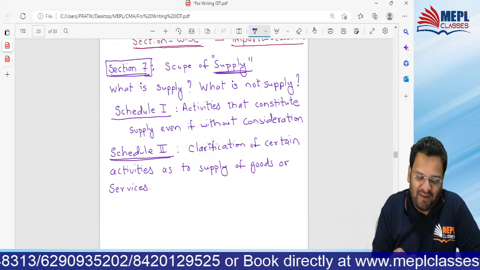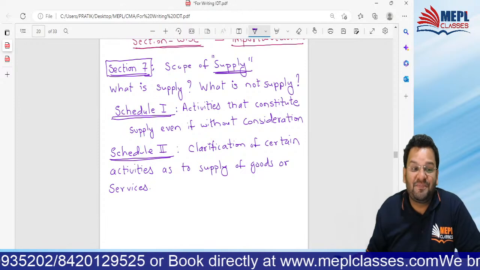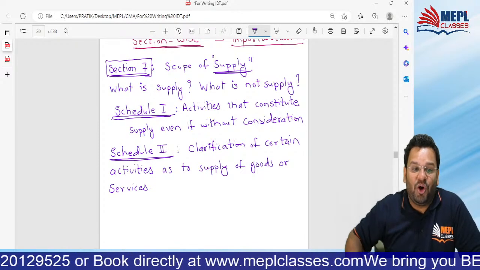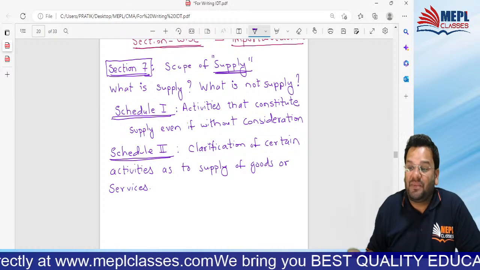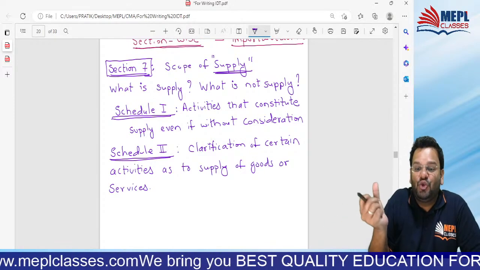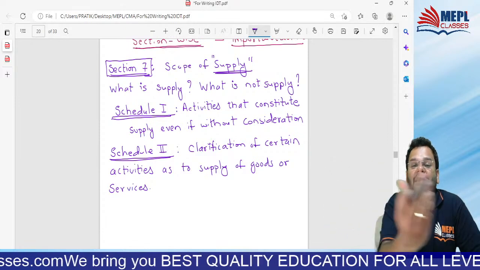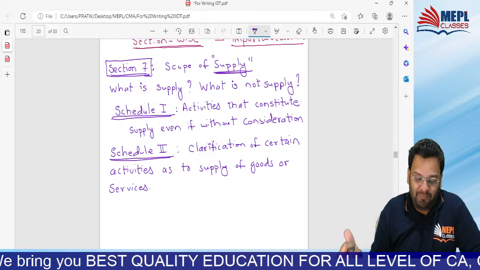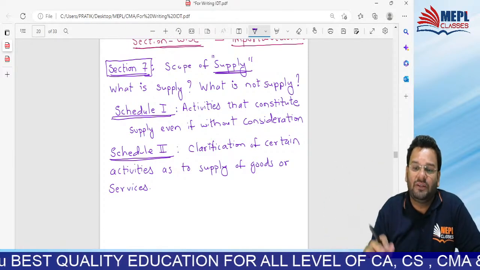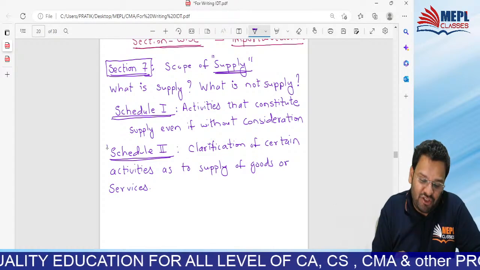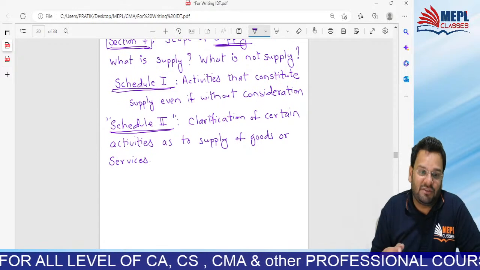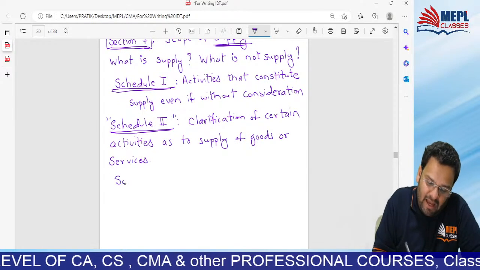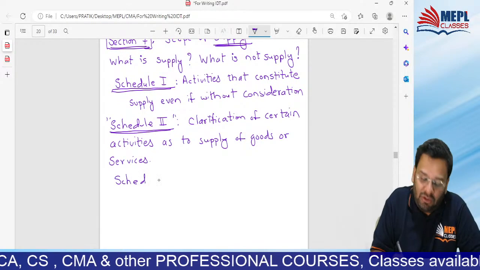Yes, anyone can tell me? So obviously it is a bit ambiguous because as a consumer I'm consuming food and I'm also taking benefit of the ambience. So government says don't worry, we will tell you in schedule 2 whether it is supply of goods or supply of services.